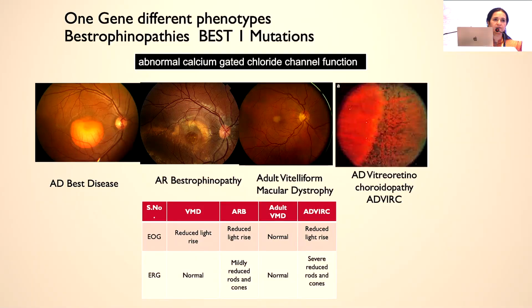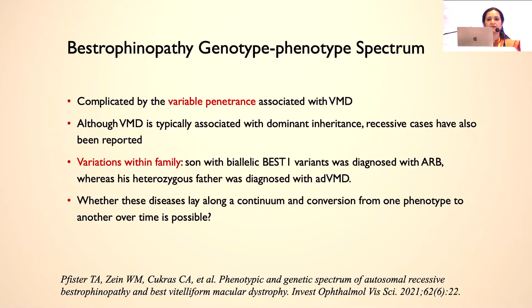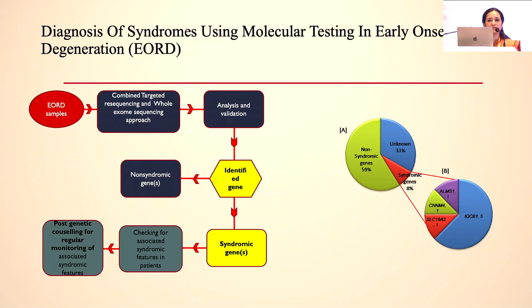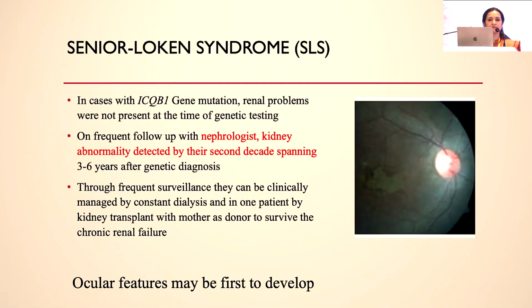But there are pitfalls. A single gene can cause multiple phenotypes, because of variable penetrance. Same here: for Stargardt's disease, different gene mutations can cause a Stargardt's type of phenotype. In children, most important, as I said, is syndromic RP, especially Senior-Loken.